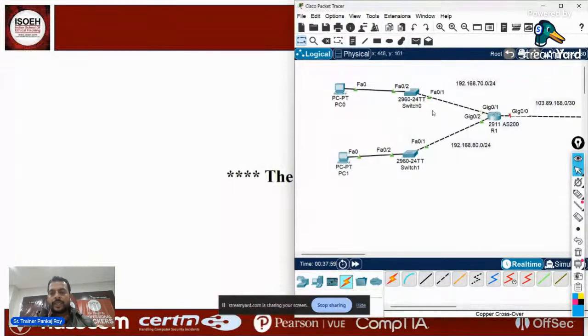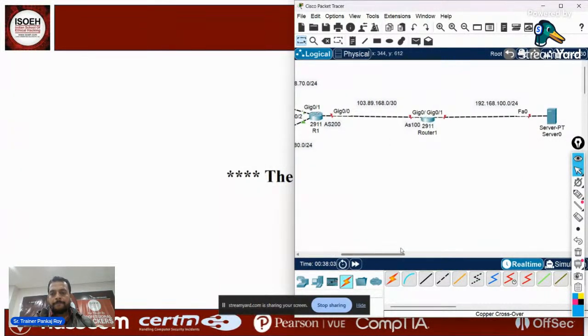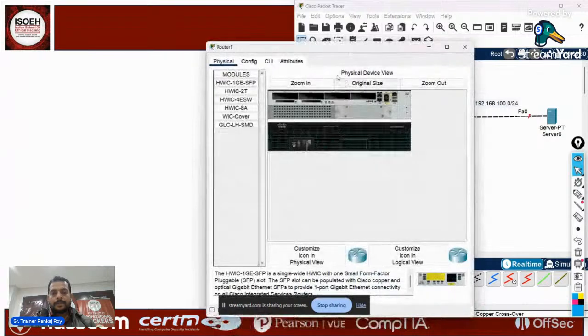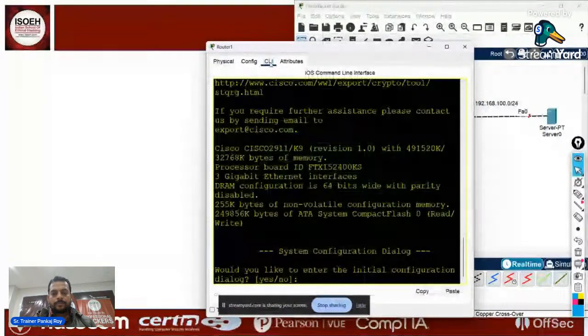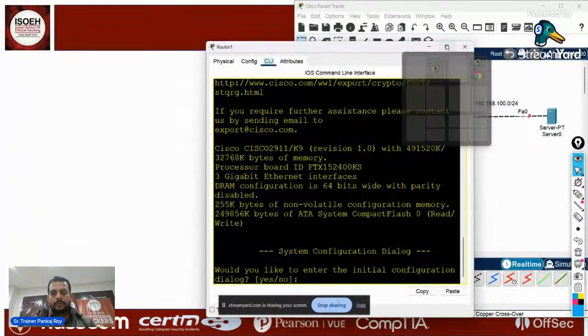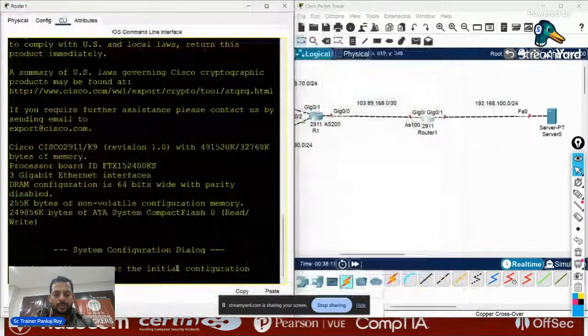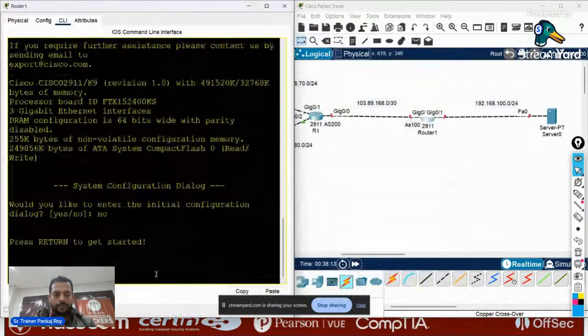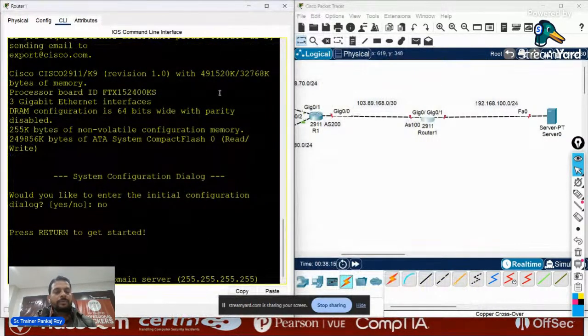Okay, so the next router is this. No enable. Okay, just a minute. If during the lab session on Packet Tracer some types of messages appear, don't be afraid.